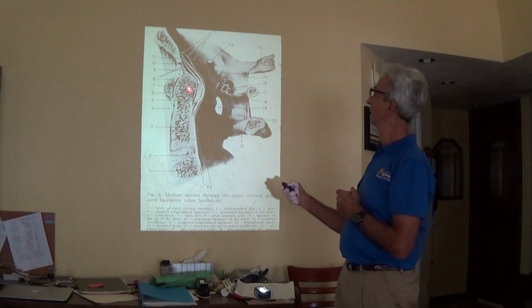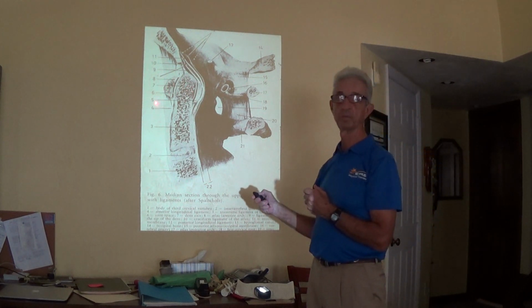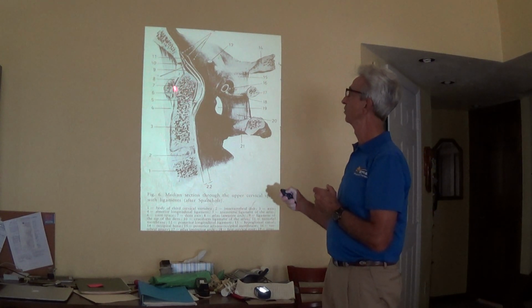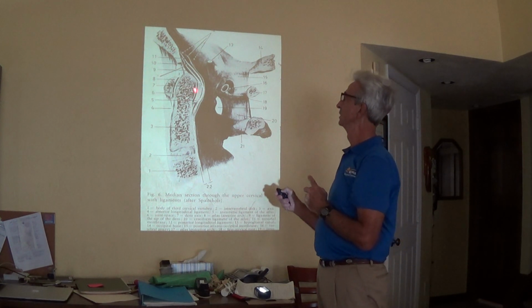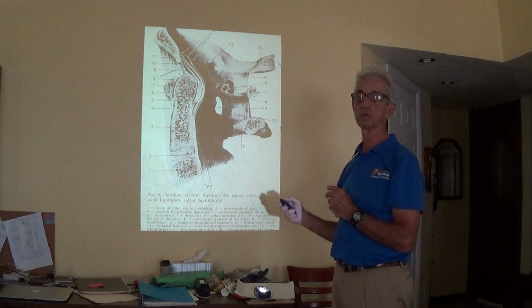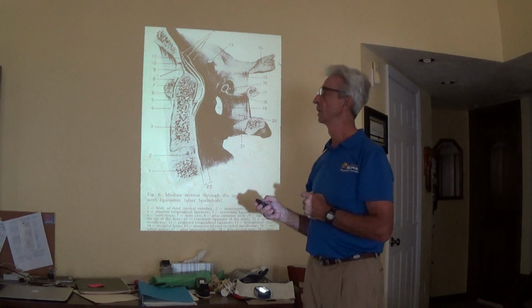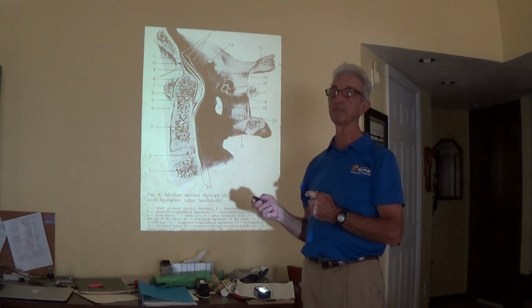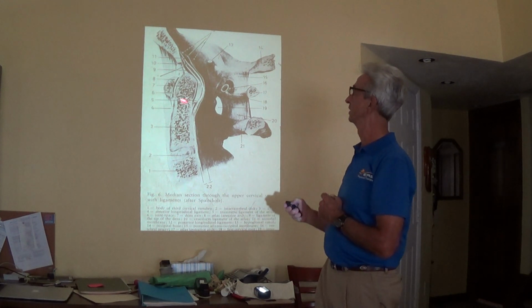Okay, this can be a real bad problem with your rheumatoid patients, and so you always want to be concerned about any kind of weird symptoms these people complain of, like when bending forward. If they get dizzy, they need to be seen by a neurosurgeon to look at this area right here.